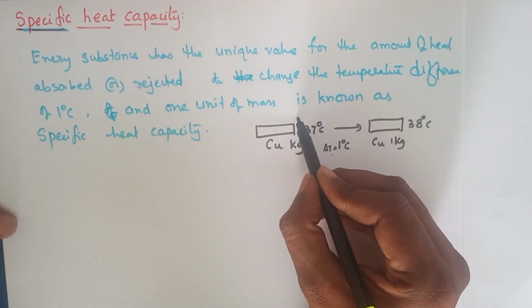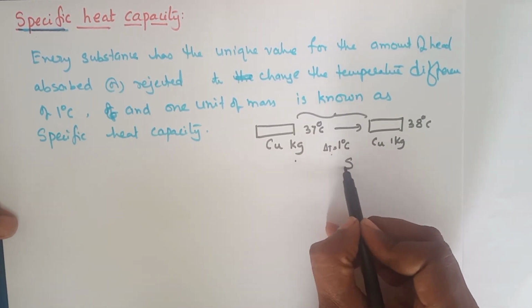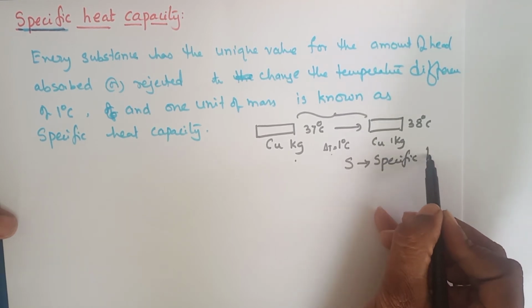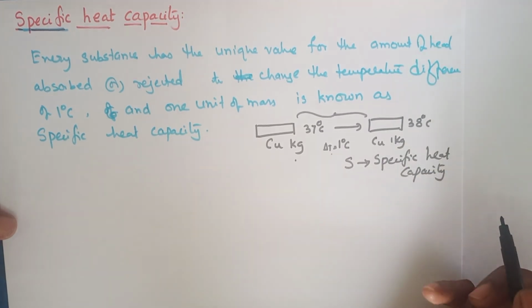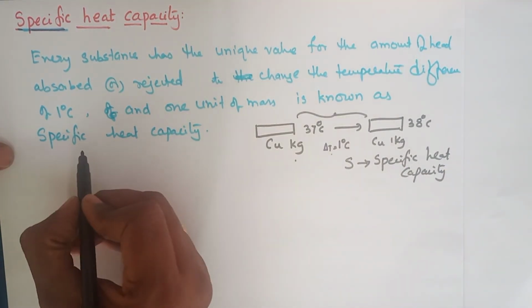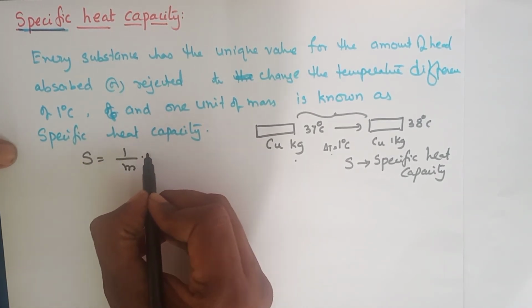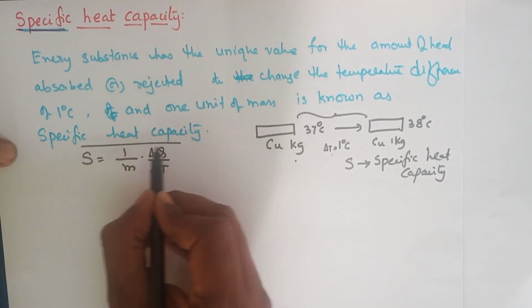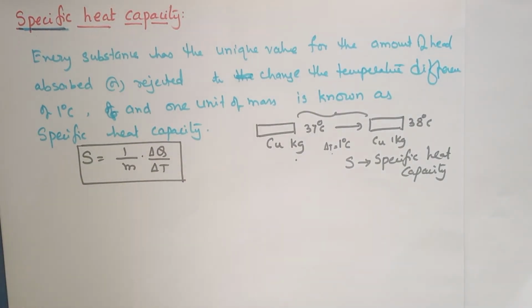The amount of heat required to change this state to this state is called the specific heat capacity. Now how to write the formula? Specific heat capacity S is equal to 1 by m delta Q by delta T.